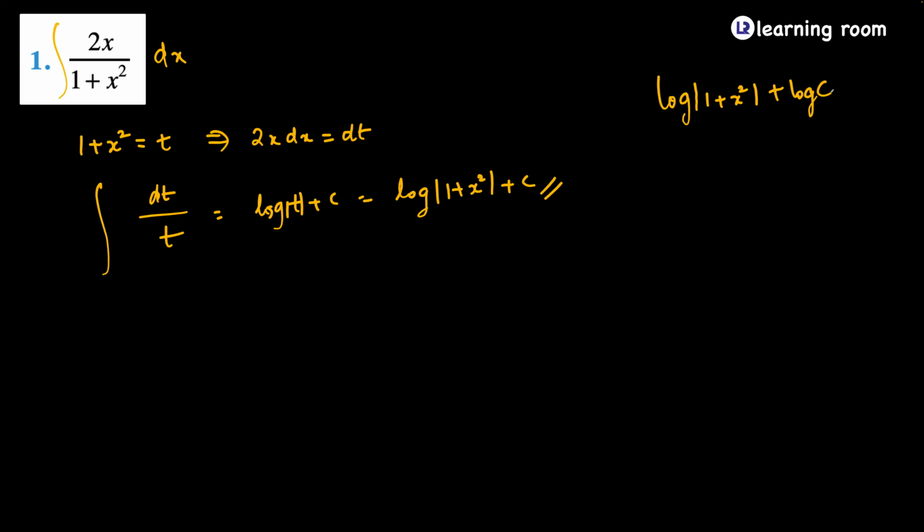It doesn't make much difference, because after you substitute the values, you will be able to find c, and there the value will come out as log c. Both will have the same value numerically. So when you write it this way, it will be log of c into 1 plus x square. This is another way of writing.